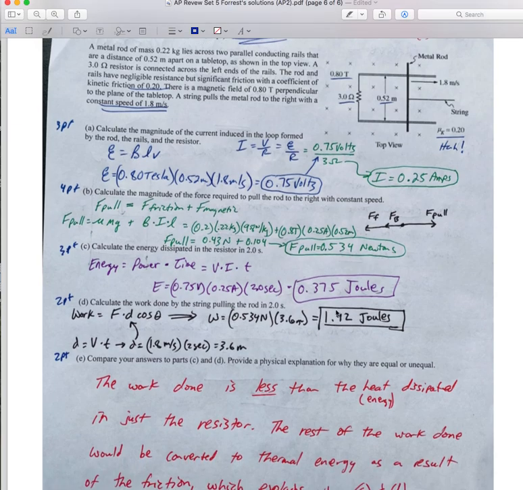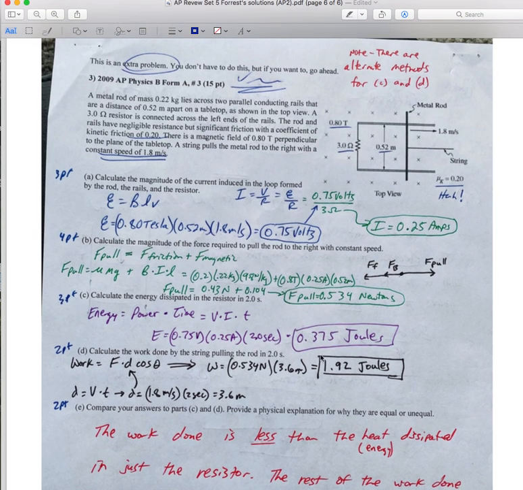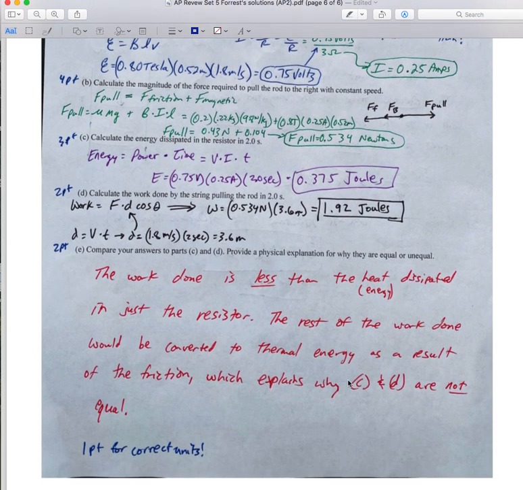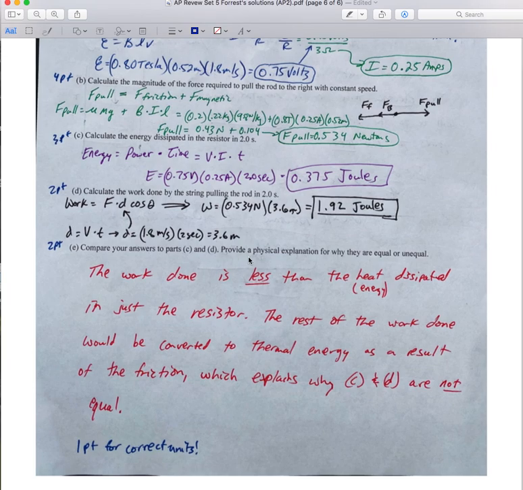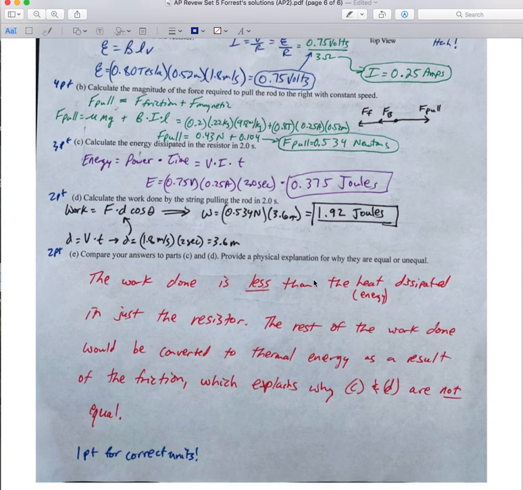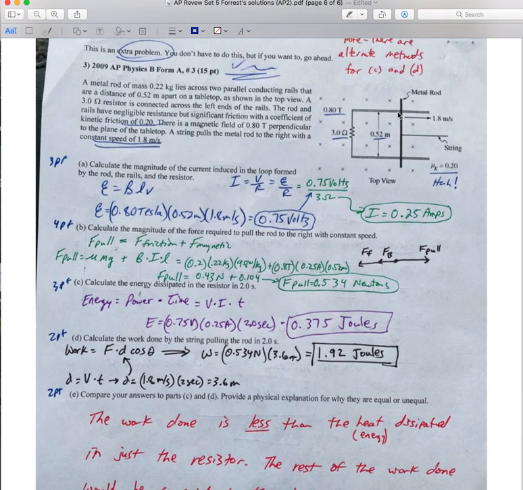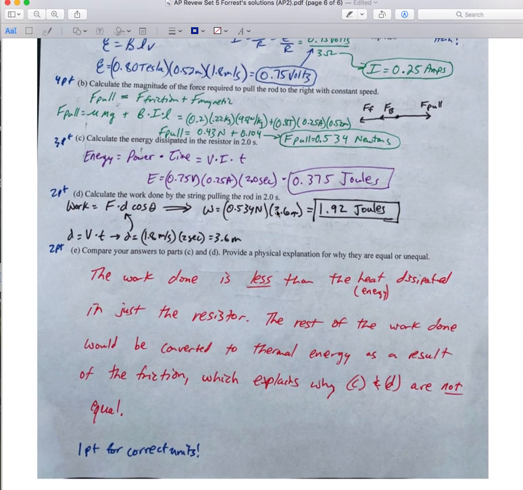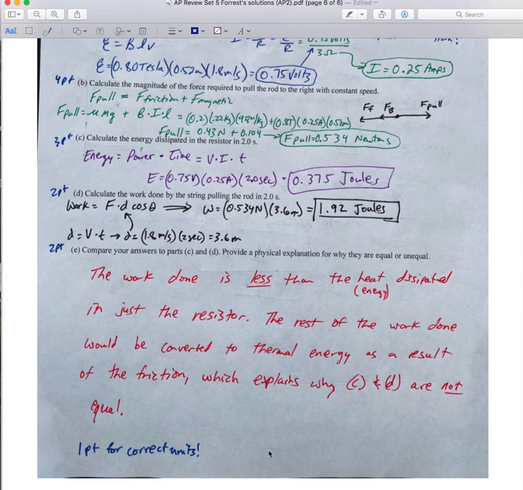So I'm doing this much work by pulling the rod, and this much energy is dissipated in the resistor. There's a difference, which is a little unexpected. However, this part asks to explain why they are equal or unequal. Well, they're unequal, so that extra energy has to go somewhere. Most likely, it is dissipated as heat as this rod scrapes over this, because we do know there is friction. One point of this was for correct units, by the way.